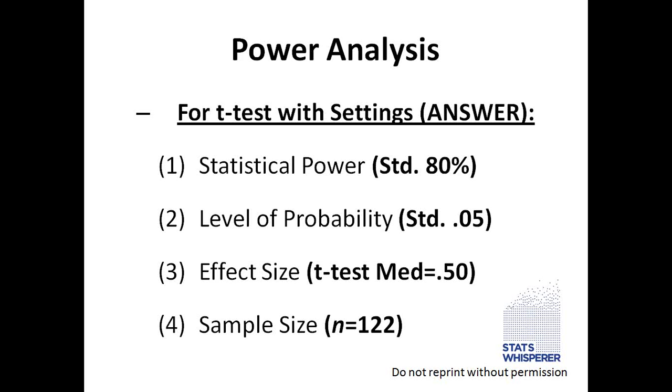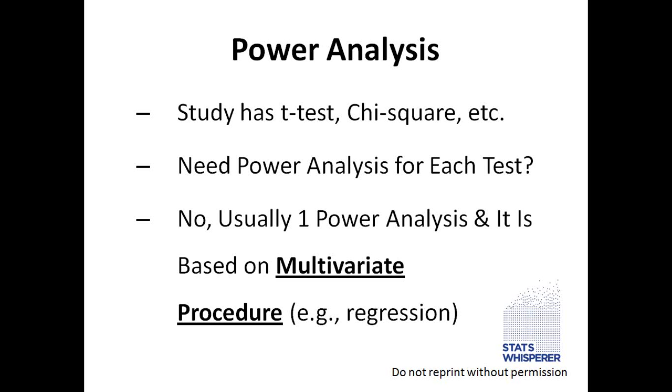Now, one good question you might ask is, if you're doing a study, when the study ends with multiple regression, but before that you use a t-test and a chi-square and then an ANOVA, do you need a power analysis for each statistical test?